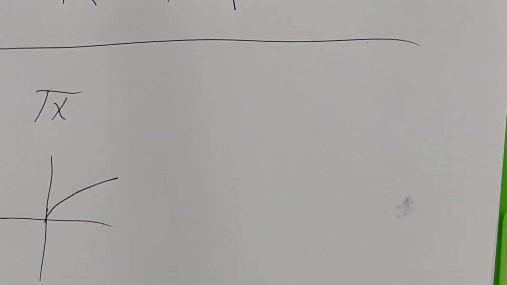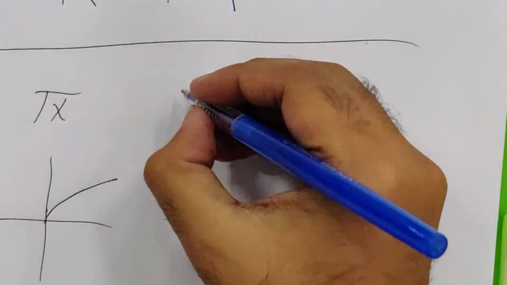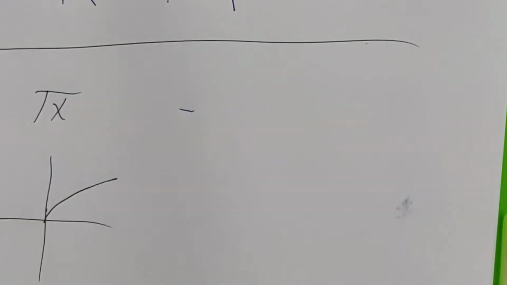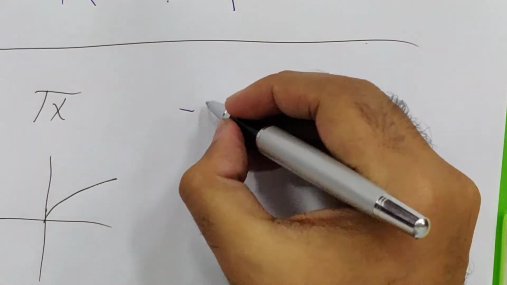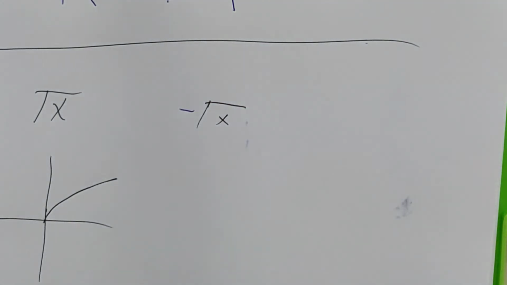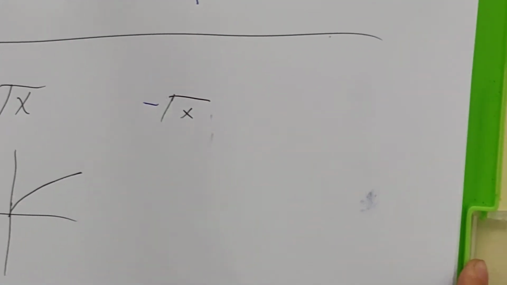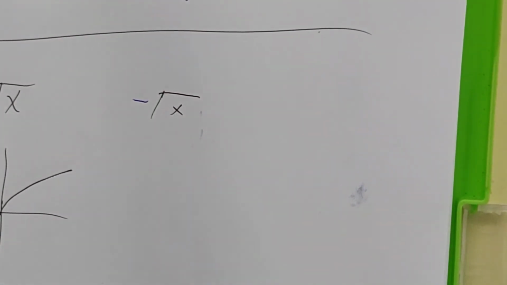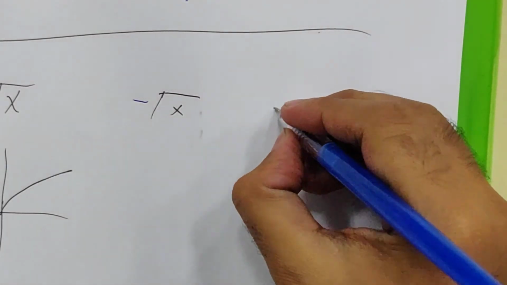Now, where can the negative appear? There are two places that it can appear. I mean, where can I put the negative? It's either here or either here. Yes, you're right.